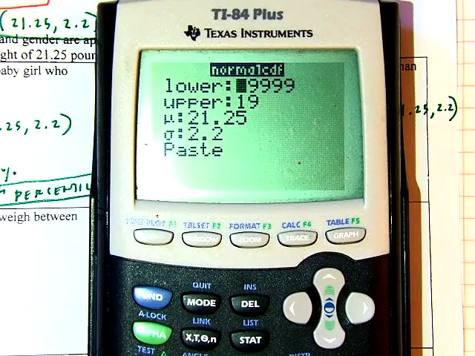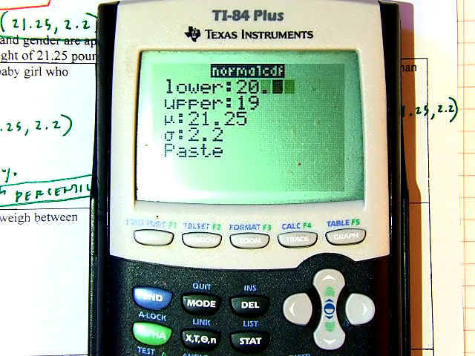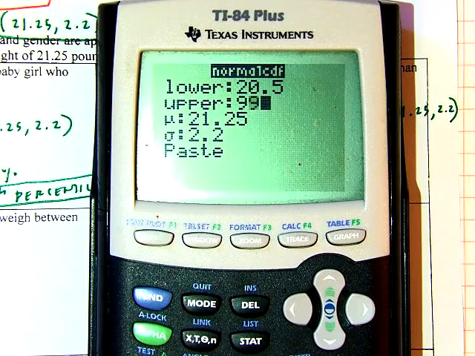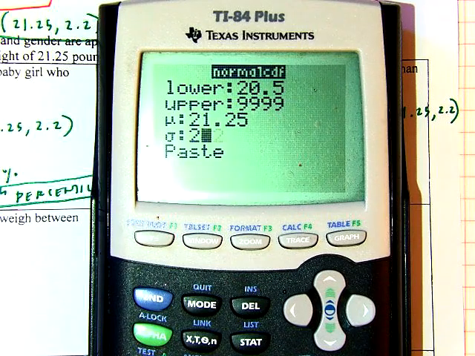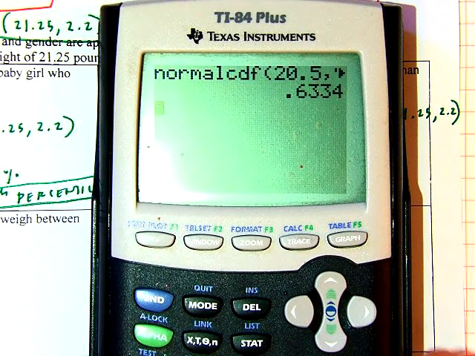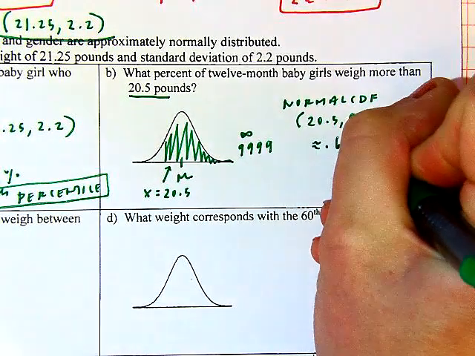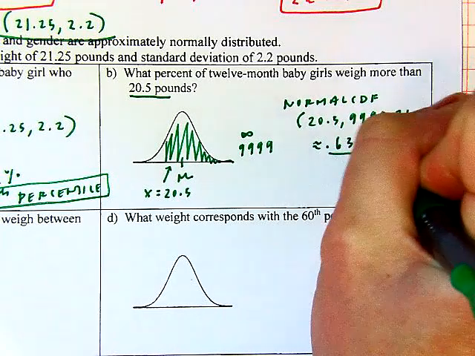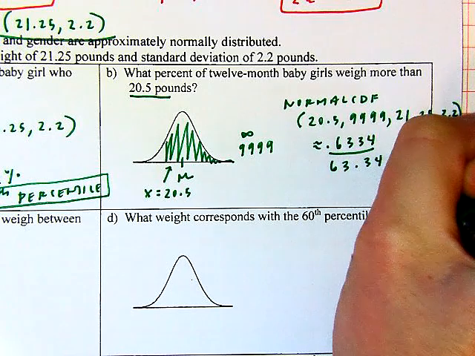All right, so back to my distributions, but now I'm saying 20.5 to 9,999, 21.25, and 2.2. All right, so I get 0.6334. So 63.34%.